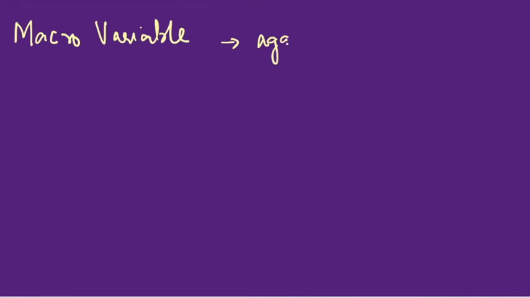Now, how are macroeconomic variables different from microeconomic variables? We are dealing here with macro variables, and we know that macroeconomics is about aggregate economics. Therefore, the variables are concerned with the aggregate of the economy. Those economic variables which deal with the aggregate economy are called macroeconomic variables.